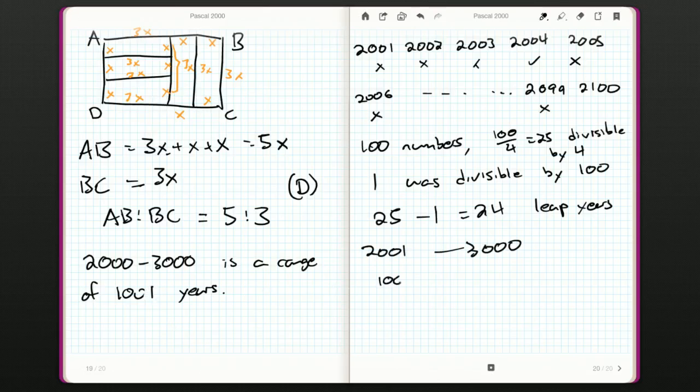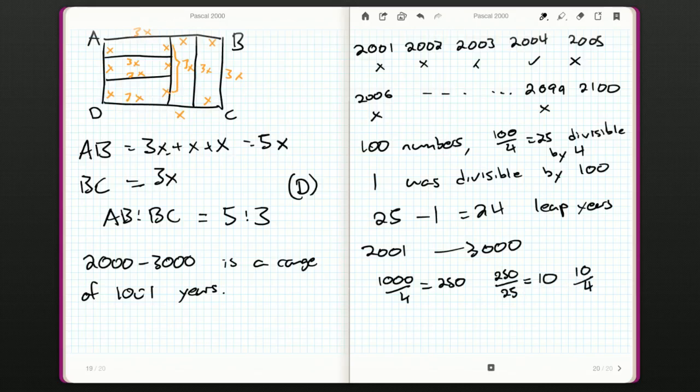So we're going to have 1,000 divided by 4 equals 250 of these numbers that are divisible by 4. Now of those, how many are divisible by 100? We get 10 of them are divisible by 100. How many of these are divisible by 400?